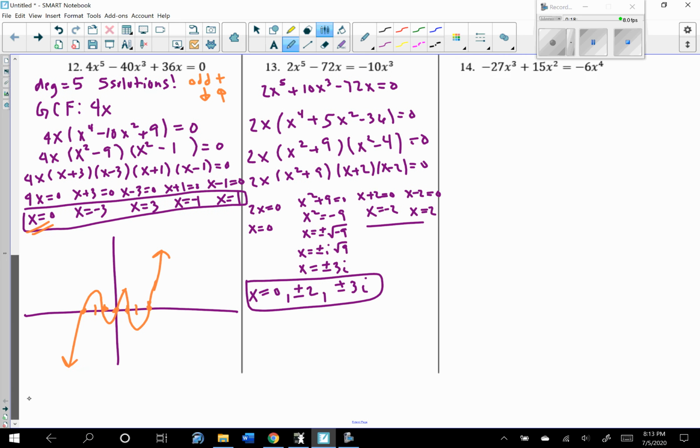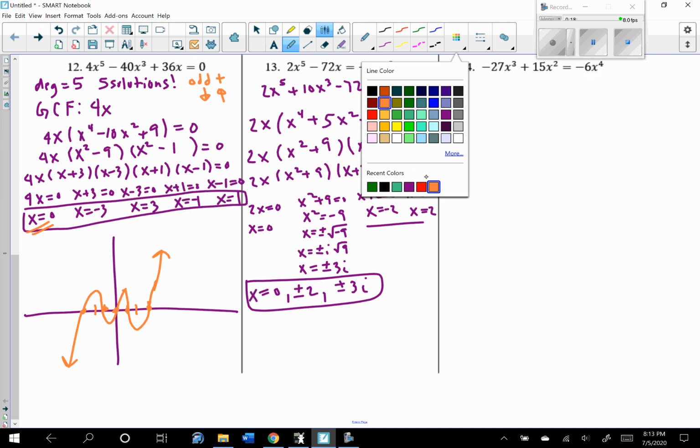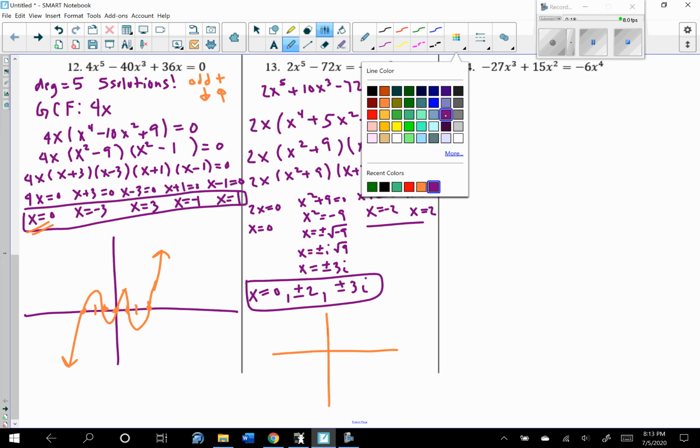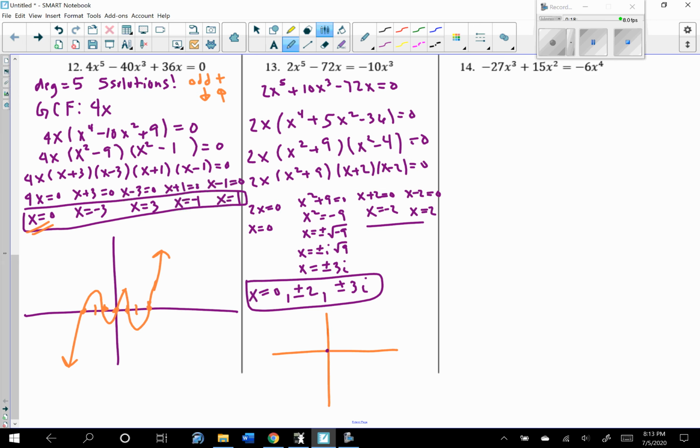So if you're curious as to what that would look like on the graph, if I were to think about graphing this, so we have on my graph 0 and then plus or minus 2, so there's 2 and negative 2, and we don't actually graph this because it's imaginary.